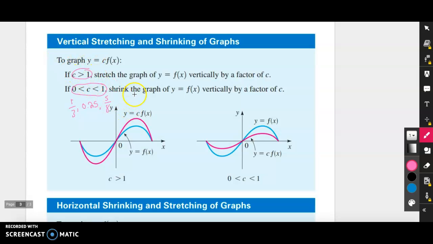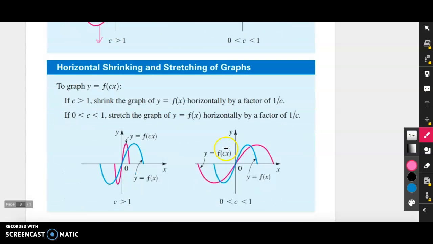If you multiply vertically out front by a factor of c, like they're doing here, I took my original function and multiplied it by a factor of c, and c is a whole number, then it stretches it vertically, top to bottom. If you have a c value that's a fraction, like 1/3, 0.25, 5/8, what we're technically doing is squishing our graph vertically, so it's going to get squished more like that.